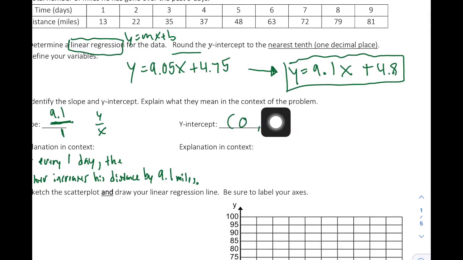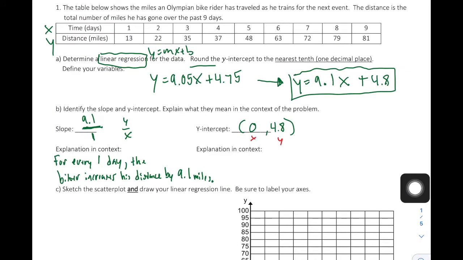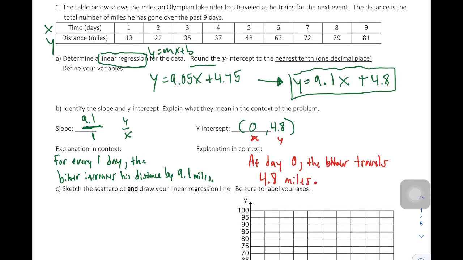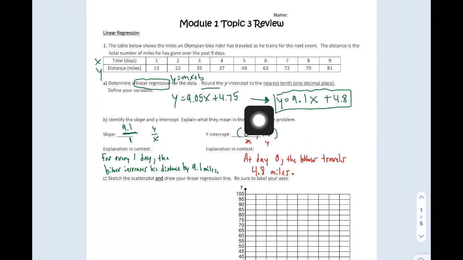But what this means, guys, is in the equation at 0, remember 0 is x and 4.8 is y, at 0 days, or at day 0, the biker travels 4.8 miles. That's a little tricky there, but that's what you want to talk about. The y-intercept is at day 0, and the slope we're talking about for every 1 day. Are we increasing or decreasing?